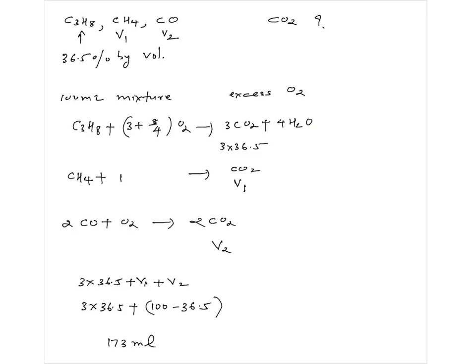Under the condition of constant temperature and pressure, like imagine you are doing this experiment in your school chemistry lab, and pressure is atmospheric pressure, temperature is whatever is the temperature on that day.